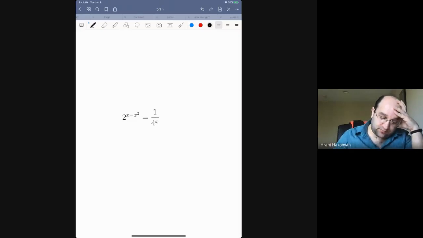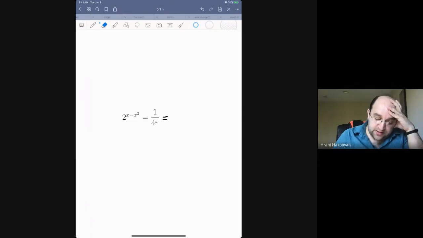Okay, so I'm going to rewrite the right hand side like this. First of all, let's write it as 1/4 to the power x.